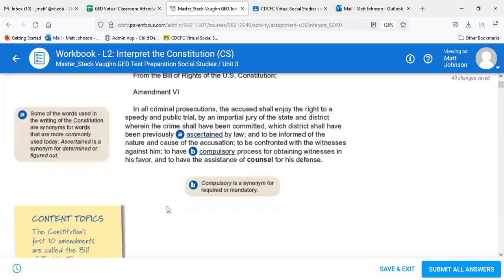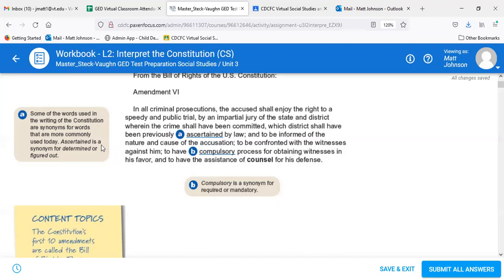And a lot of the second half of the Bill of Rights deals with how a citizen will deal with an accusation that they've committed a crime. Deal with criminal law.